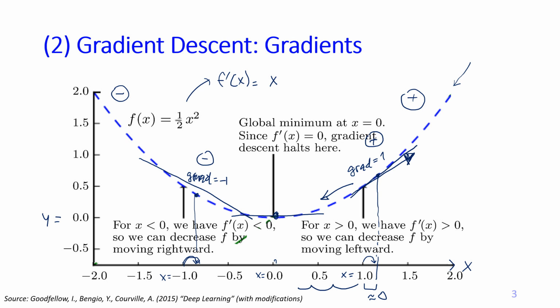But if the gradient is negative, which means that if we increase the x value, the function value will go down, it means that we need to increase the x value. So using the gradient, we know that if we go there, the function will go up. So if we want to minimize the function, we should go in this direction. Here in the negative region, we know that the gradient is negative. So if we want to minimize the function, we just follow the gradient.